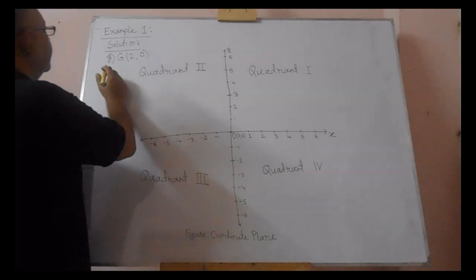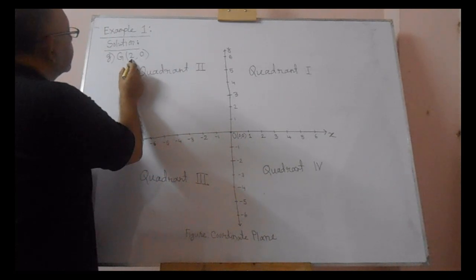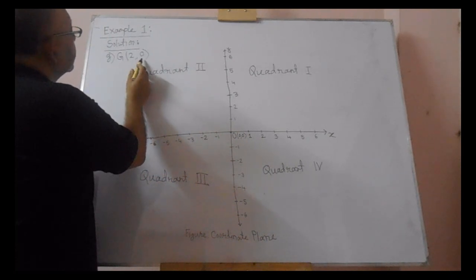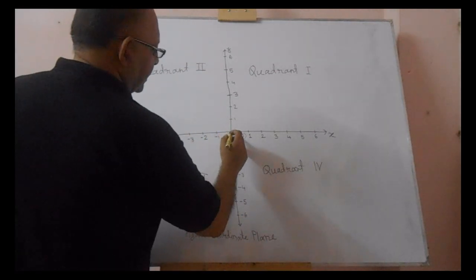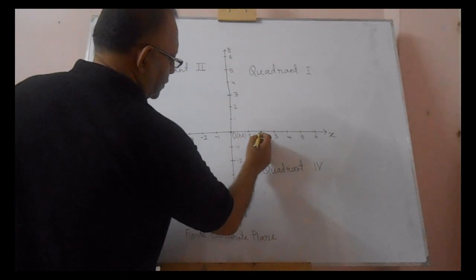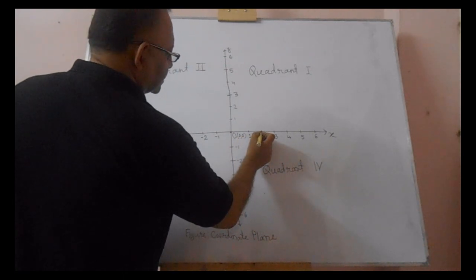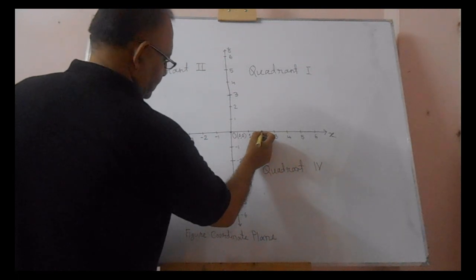This is part G. The point is G and it has x coordinate of positive 2 and y coordinate 0. So for positive 2 of x coordinate we will go on the right side 1, 2. So this is the x coordinate and y coordinate is 0.